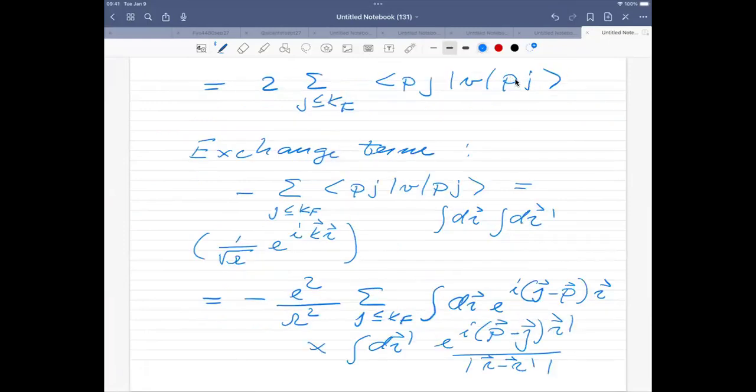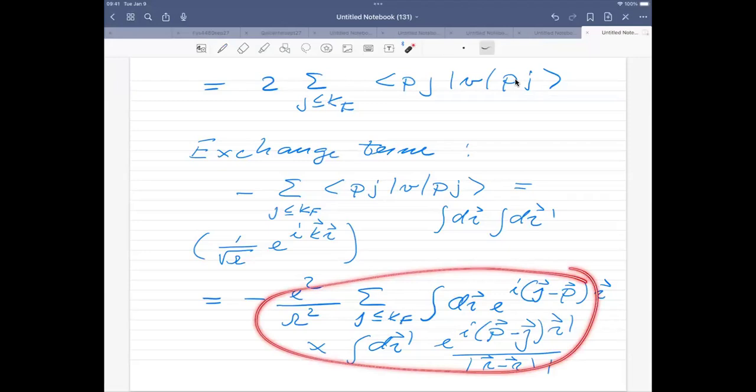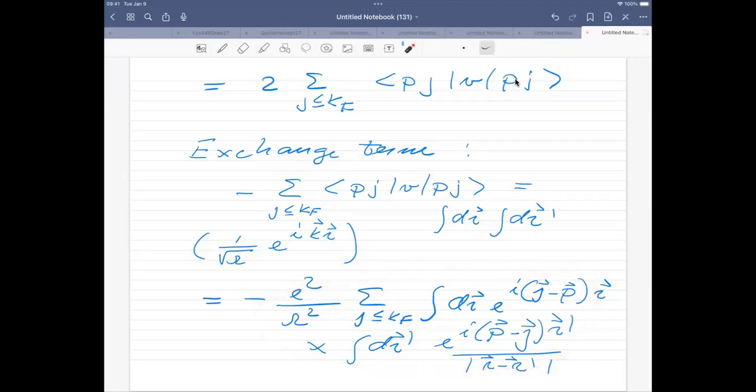So welcome back again. Now what we are going to do in this session is simply to evaluate the integral which you see here. And there are some tricks which are useful to see, because we will also use these tricks when we are going to calculate the total energy of the system.